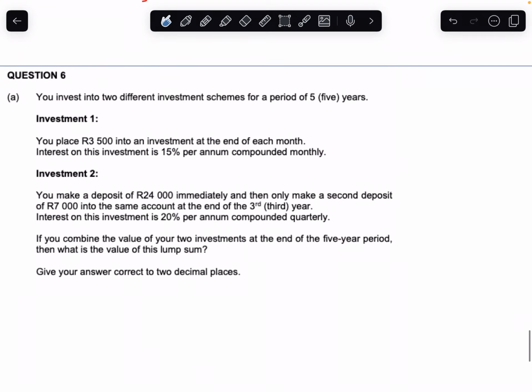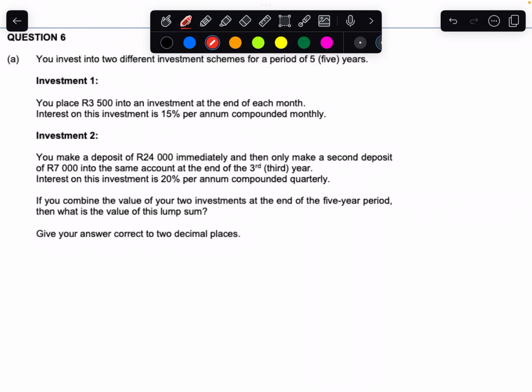Okay, so I'm going to start by drawing the timeline for investment 1.